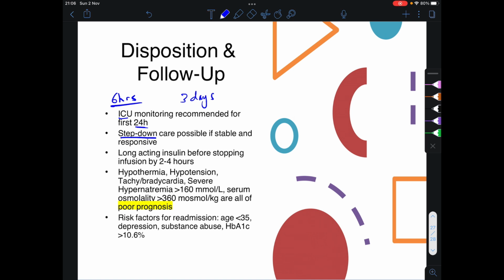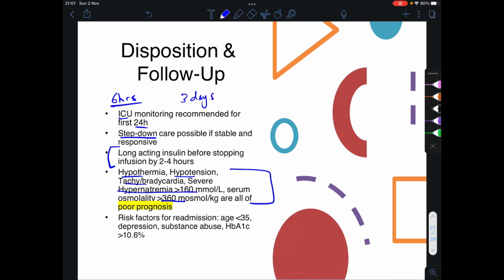You start decreasing the rates of insulin, decreasing the rates of fluid. You start giving long-acting insulin subcutaneously. Patients who develop hypothermia, hypotension, tachycardia, bradycardia, hypernatremia more than 160, or osmolality more than 360, these are all indicators of poor prognosis.